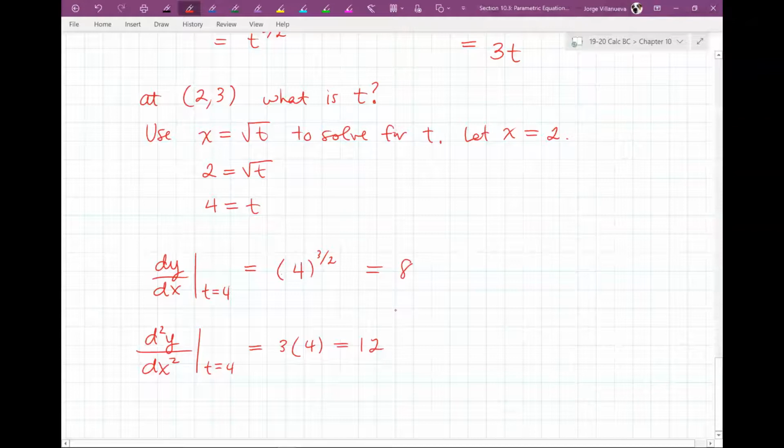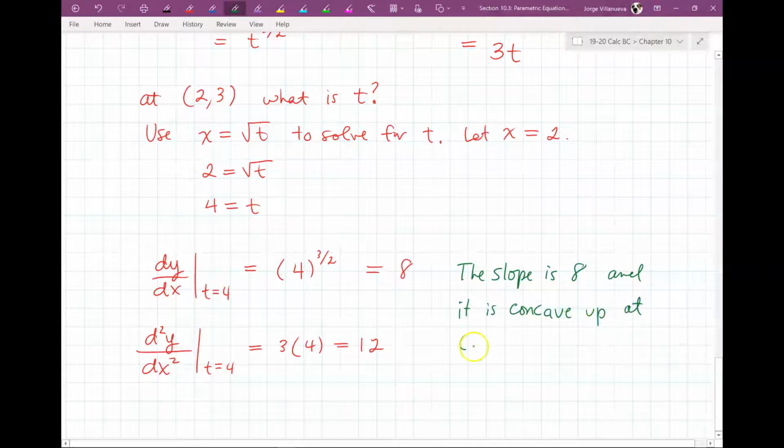So I'm going to write the following. The slope is 8, and it is concave up at (2, 3).